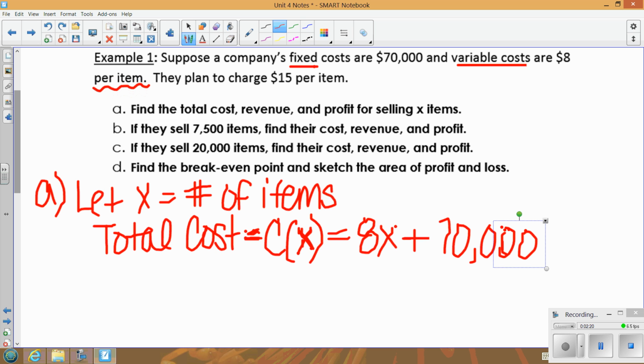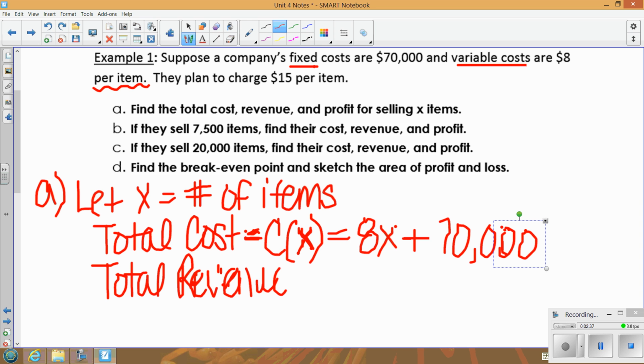Then the next thing it asks us for is the total revenue. Revenue means the amount of money that you're bringing in.